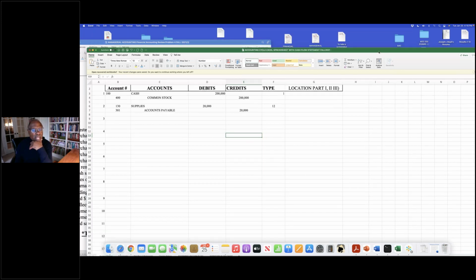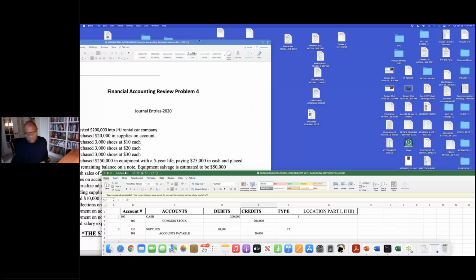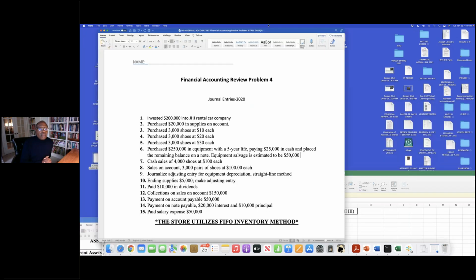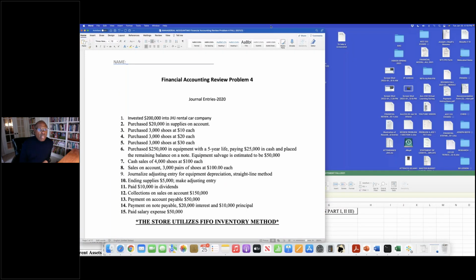Now, when we get to transactions 3, 4, and 5, what are we doing? We're purchasing inventory. It's 3,000 pairs of shoes each time.